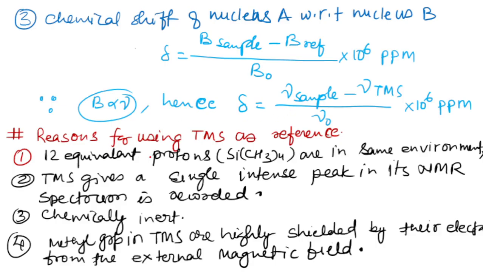Now let's discuss the reasons. Why do people use TMS as a reference for measuring samples? Actually, TMS has 12 equivalent protons which are in the same environment, and TMS gives a single intense peak in its NMR spectrum, and TMS is chemically inert.